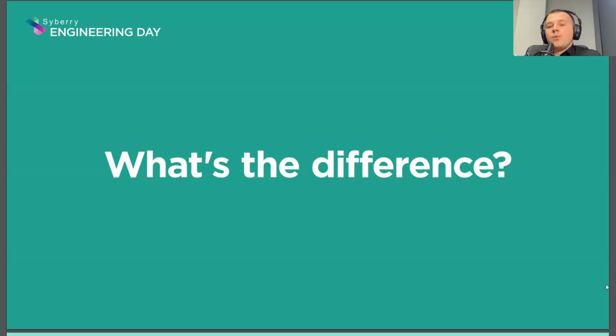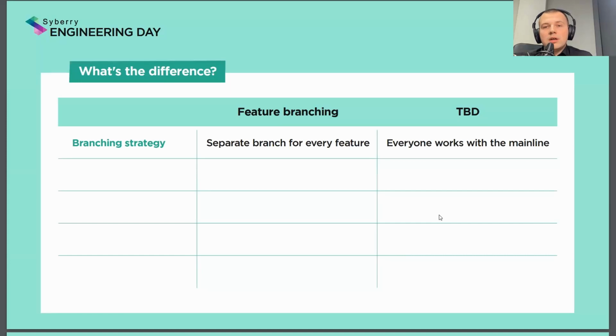But what is the difference between trunk-based development and some other traditional methodologies, as for example, feature branching? Let's start with branching strategy. The crucial principle in feature branching: developers create a separate branch for each new feature or bug, which they work on independently of the main line.